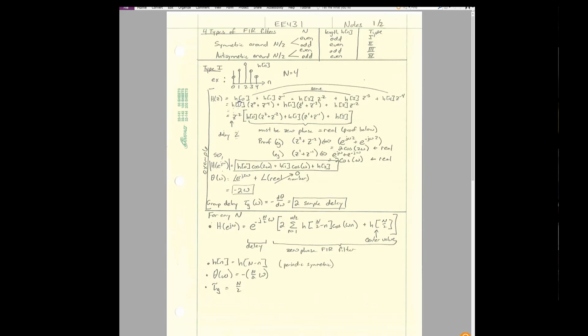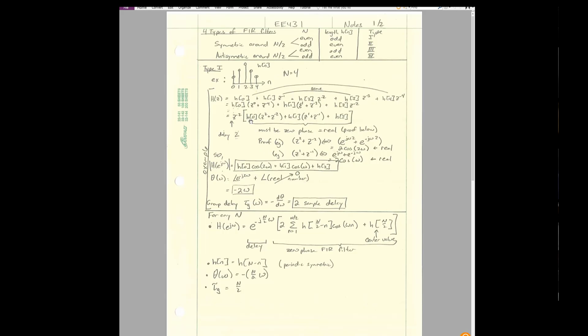You can see that the coefficients for h of 0 are going to be symmetric around this n over 2 point. And that means in h of z, we can group terms. We can say it's h of 0, but since that's the same as h of 4, we can group h of 0 times these two things when we find its h of z.